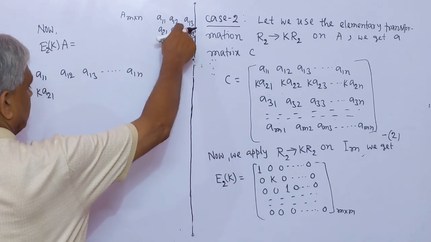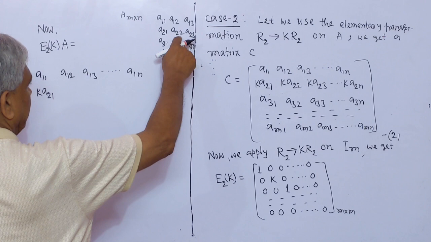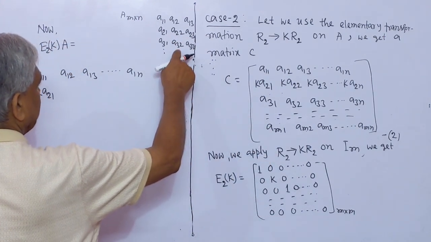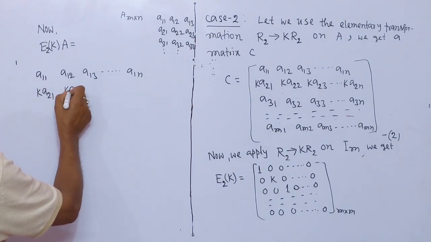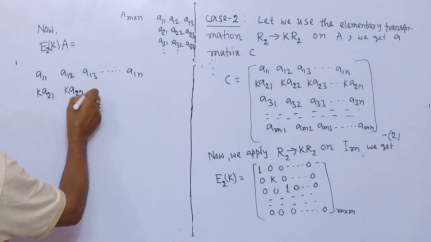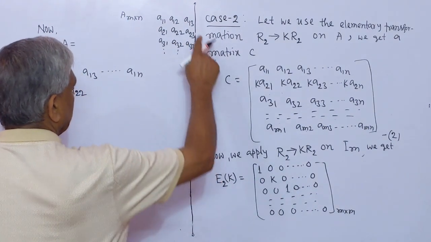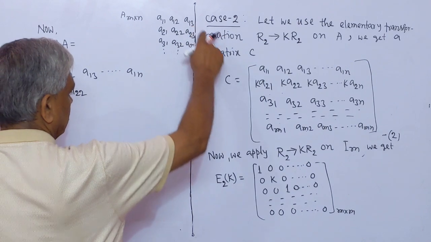Now second row, second column. 0 multiply A21, 0. K multiply A22, K A22 plus 0 multiply A32, 0 and others are 0. Only K A22 remains. Now second row, third column. 0 multiply A13, 0.